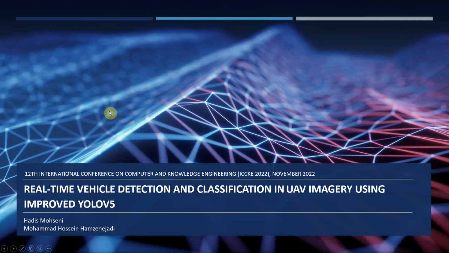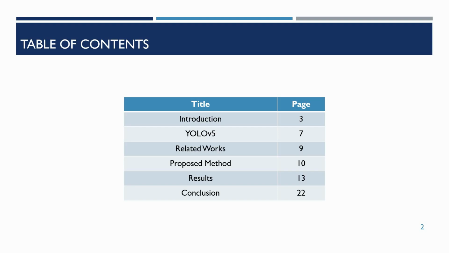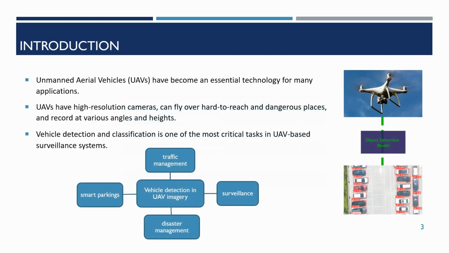Hello. The subject of our research is real-time vehicle detection and classification in UAV imagery using improved YOLOv5. Unmanned aerial vehicles, or UAVs, have become an essential technology for many applications.